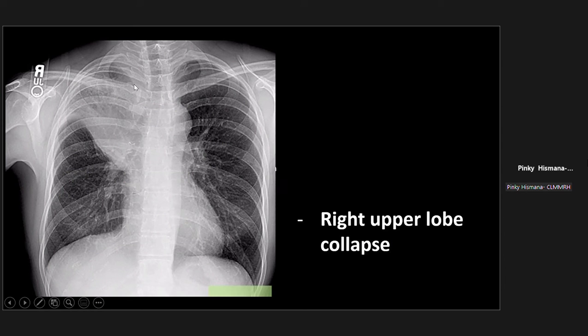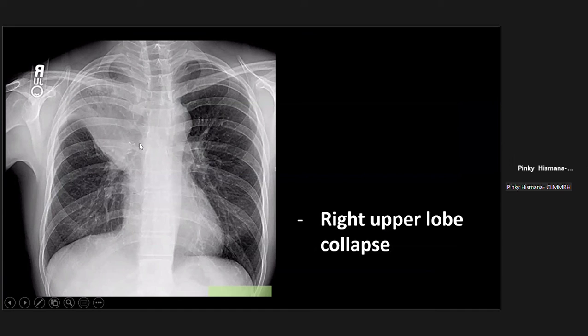There is somehow right tracheal deviation, and the right hilum appears elevated. I say elevated because if you notice, the level of your left hilum is the same as the right. Remember, the right hilum can never be equal to the level of your left hilum. If it's already equal, that means there's already some sort of right hilar elevation.